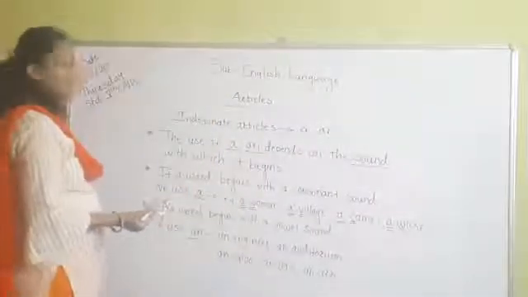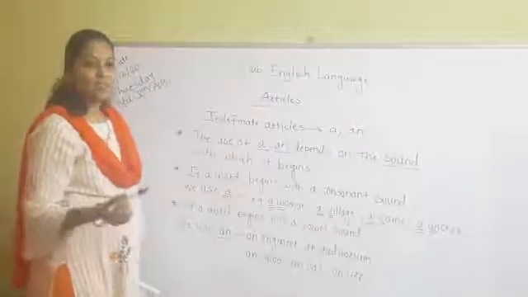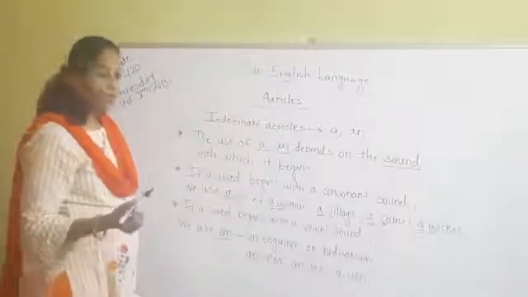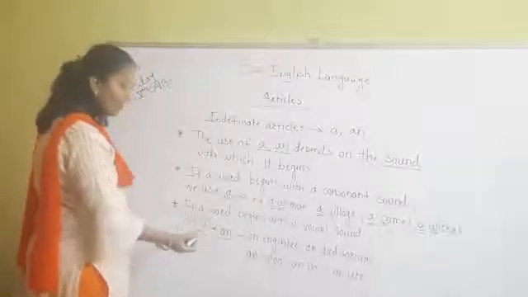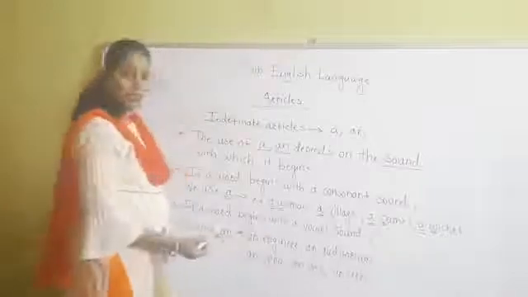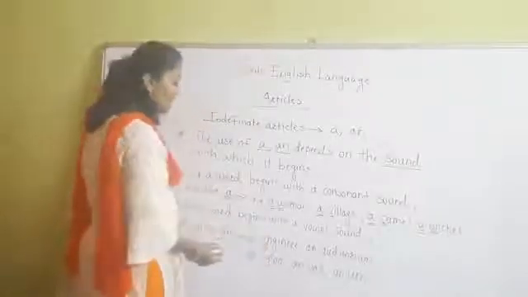Then if a word begins with a vowel sound, as I have told you that there are five vowels, A, E, I, O, U, so we use an. For example, engineer. Now the spelling starts with E sound.